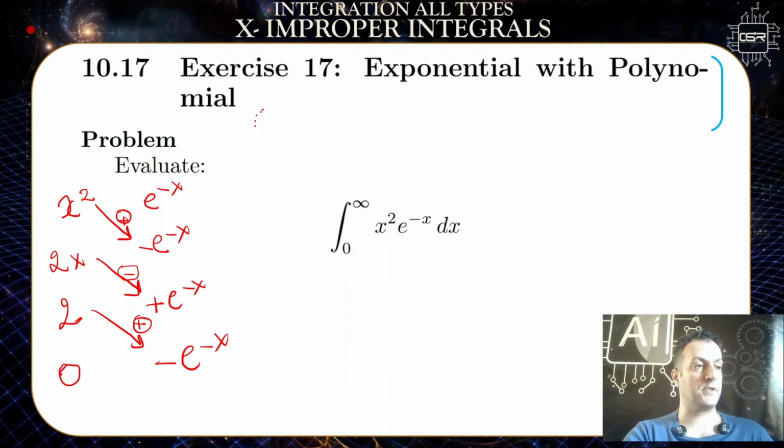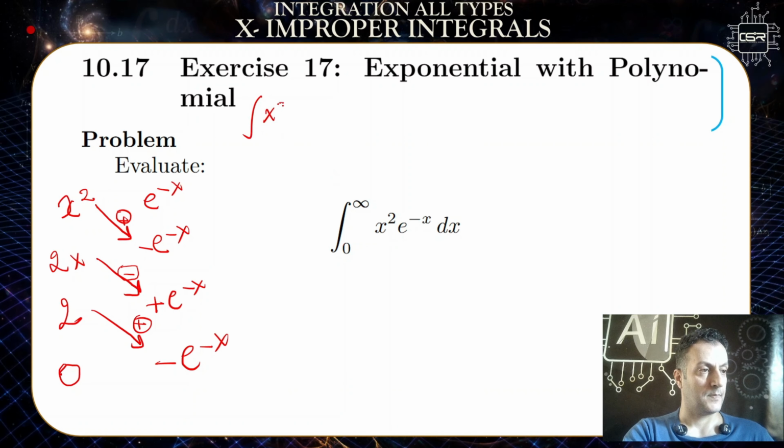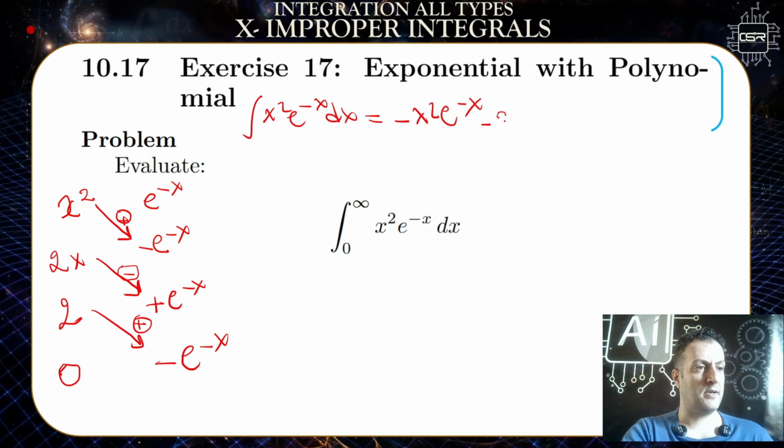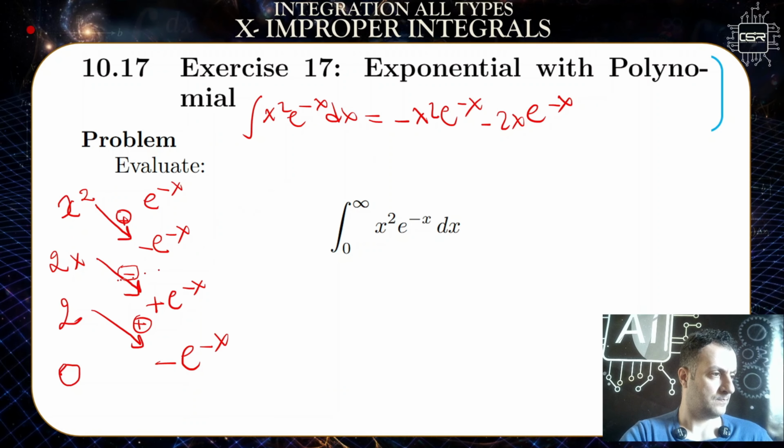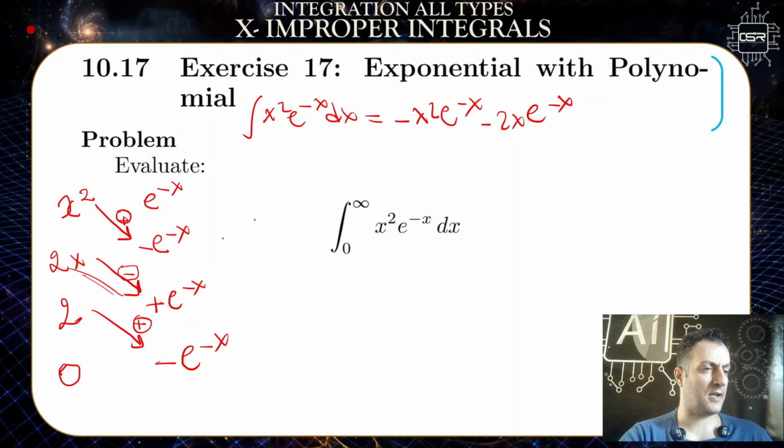Hence, the solution of the integral of x squared e to the minus x dx gives us minus x squared e to the minus x, which is this one, then minus 2x e to the minus x, this component, then plus minus e to the minus x times 2, which is minus 2e to the minus x.